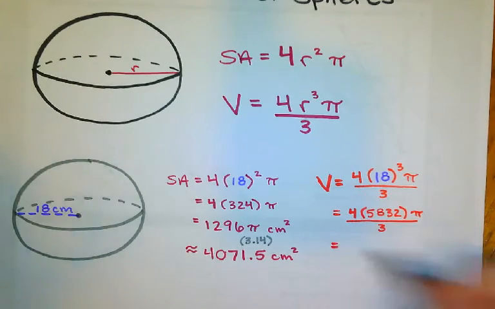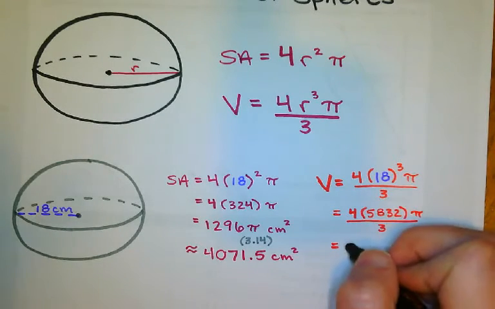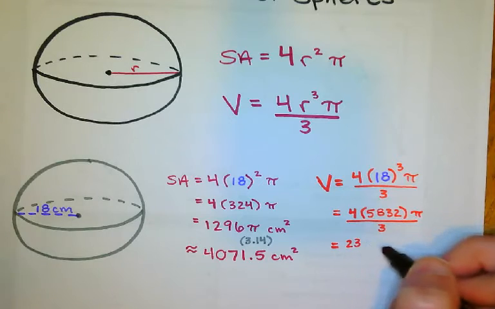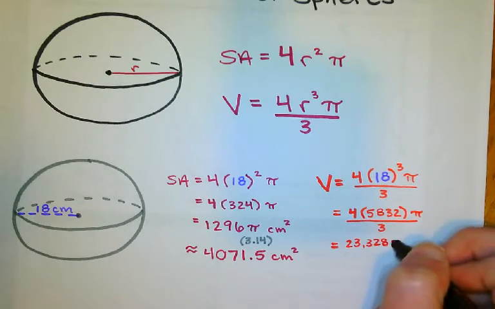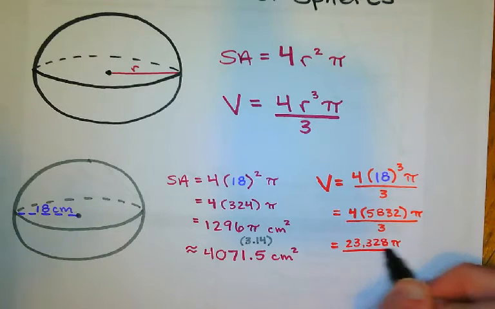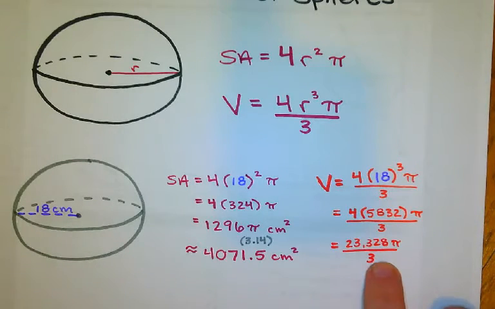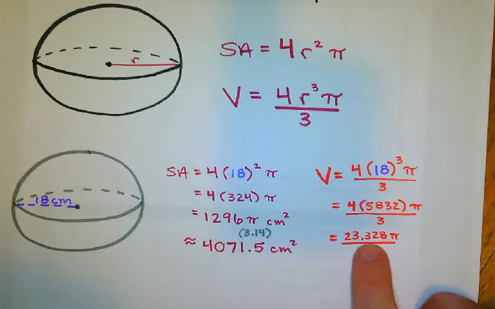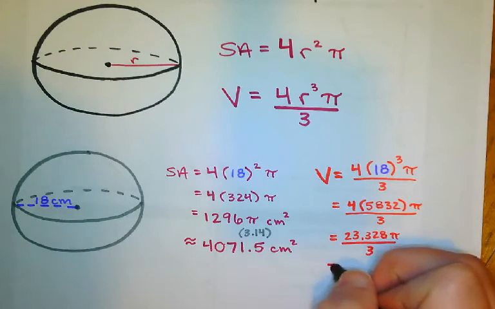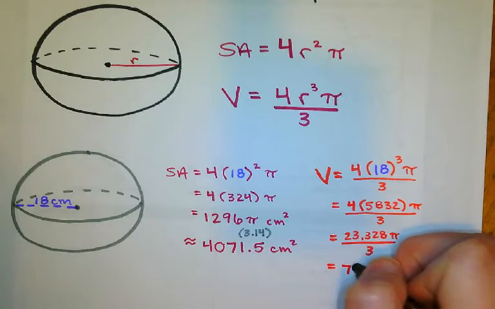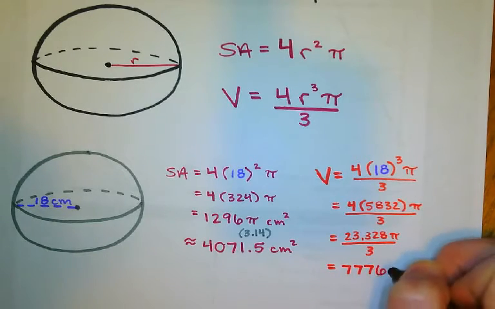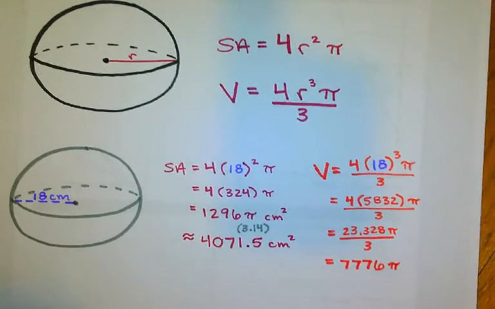So 4 times that 5,832, big number, we got 23,328 pi divided by 3. So now we're going to divide this big number by 3, and we get 7,776 pi. No fraction, which is pretty awesome.